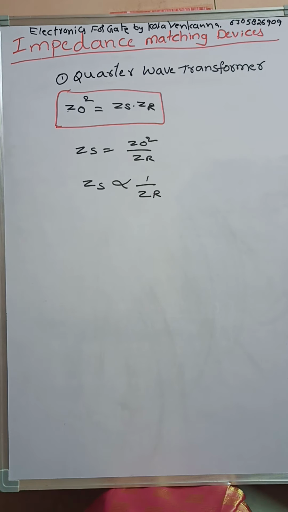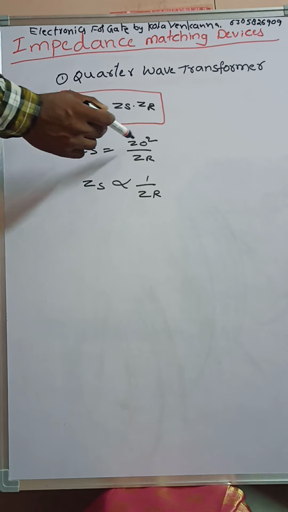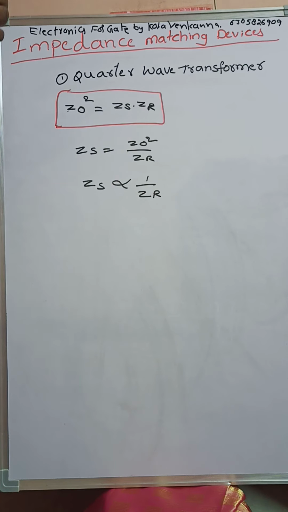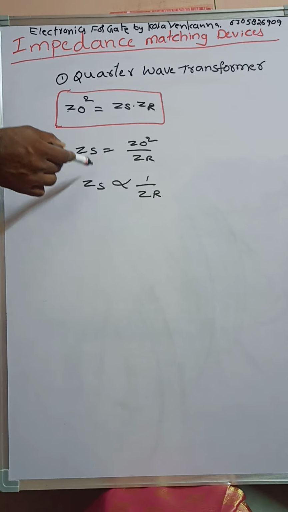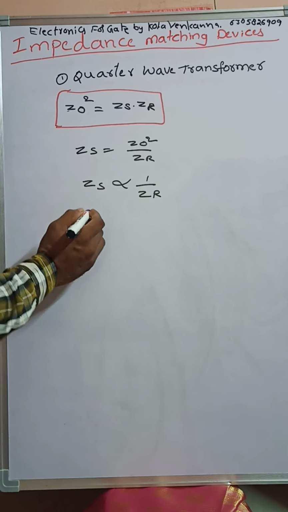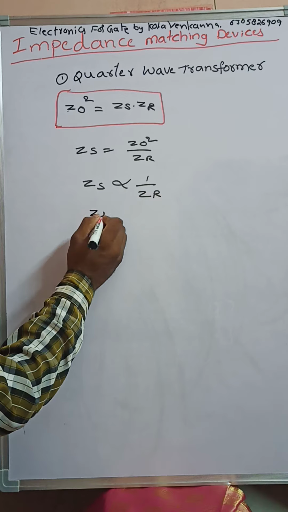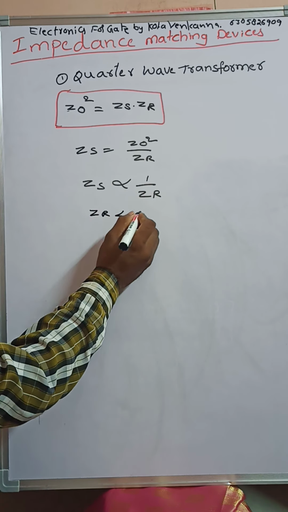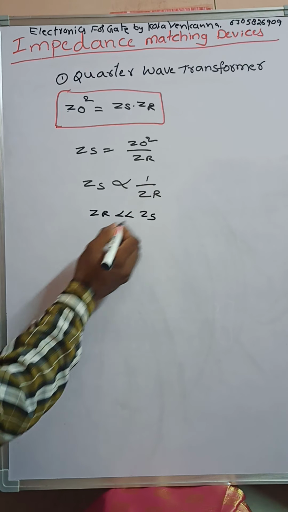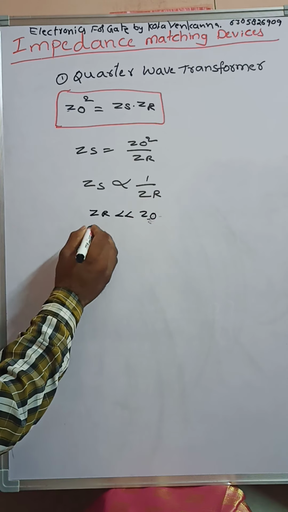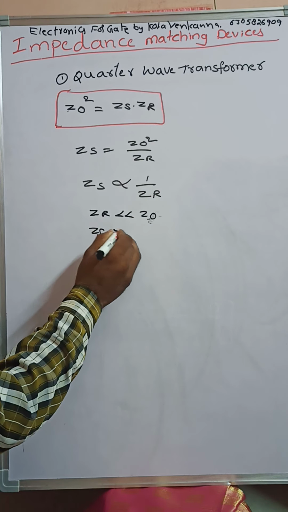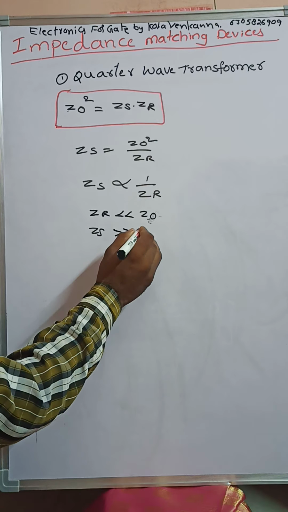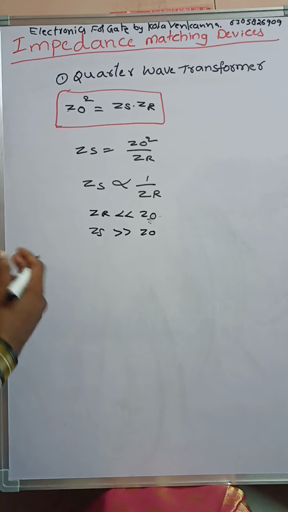Here in the quarter wave transformer line, by choosing an appropriate value of Zs, Zr becomes smaller than Z0 and Zs becomes much larger than Z0, and vice versa.